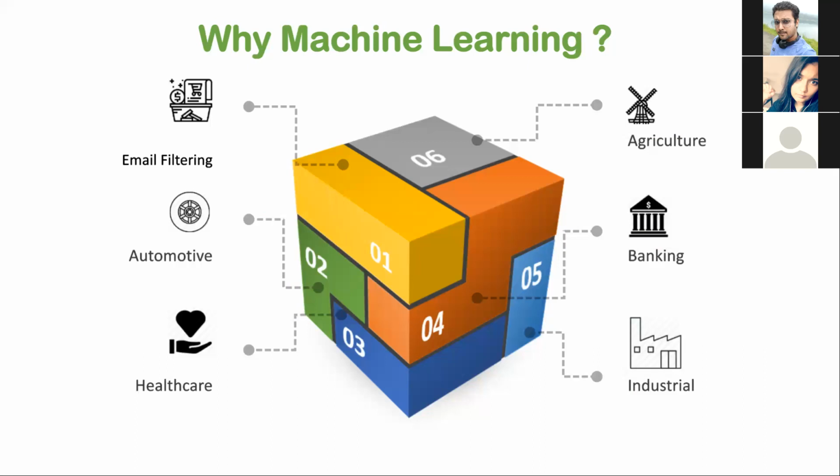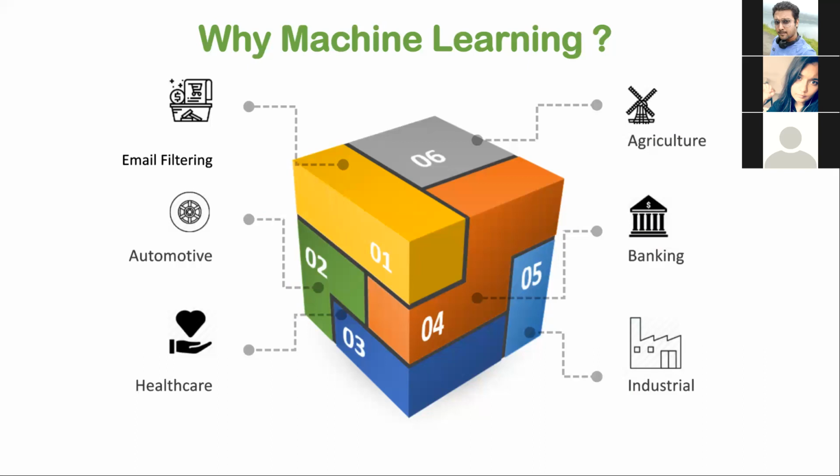Some of the use cases of machine learning we see every day are as follows. In email filtering for spam detection, phishing email detection, etc. Automotives: vehicle detection and tracking, vehicle motion detection, etc. Scratch detection in vehicles can also be done. In healthcare: blood cancer detection, heart disease detection, brain tumor detection, skin disease detection.